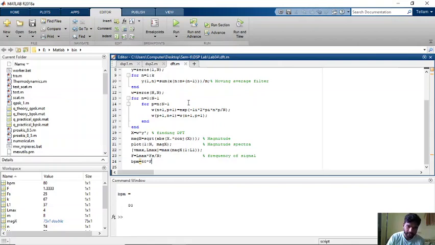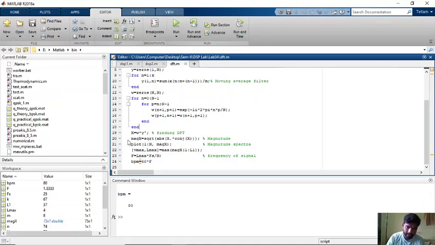There we did that procedure by computing the real part and imaginary part, then multiplying. But here we find the W matrix directly using the exponential function, and then directly multiply the matrix and the signal. There is no need to write a for loop.